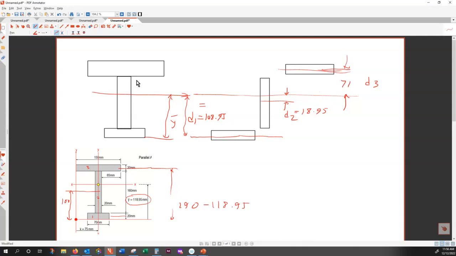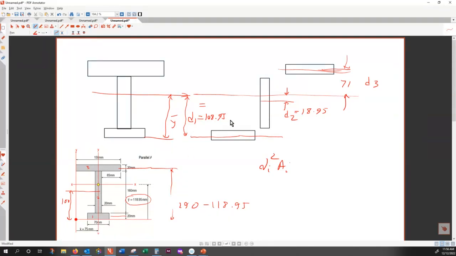So to calculate the penalty, it is d squared times A. So the penalty for the first term is d1 squared multiplied by the area of 1. Area of 1 is what? This is 20 multiplied by 70.